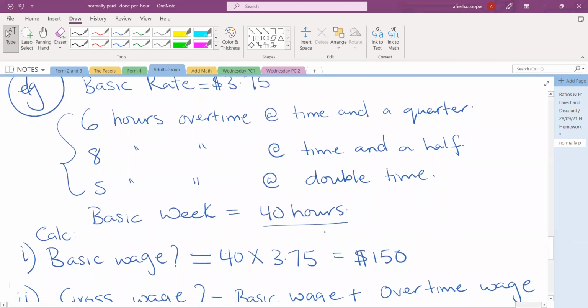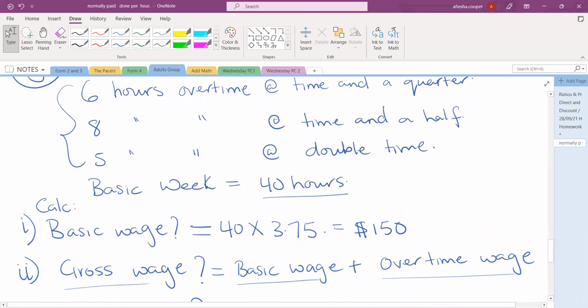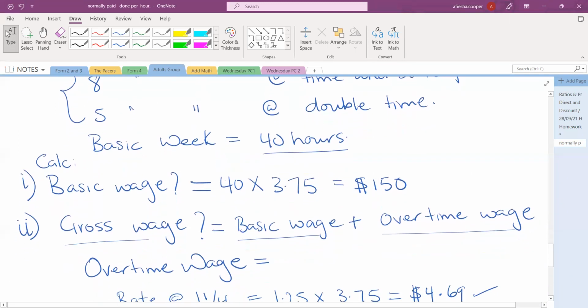So they are working overtime at 3 different rates. And they are working 40 basic hours before their overtime. So in total, they would have worked 40 plus 6 plus 8 plus 5, which is 59 hours for that entire week.